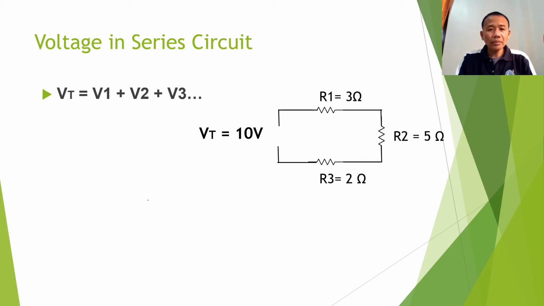How can we compute the individual voltage inside the circuit: the voltage drop at R1, voltage drop at R2, and voltage drop at R3? To get the voltage drop at each individual load, we need to get the current on each load. So to start our computation, we need to look for the total current.